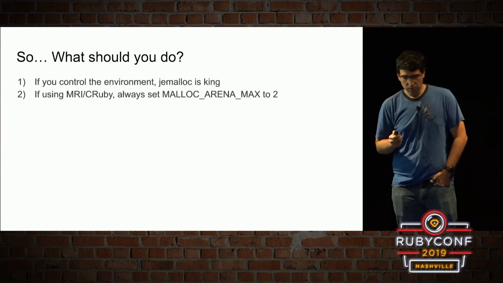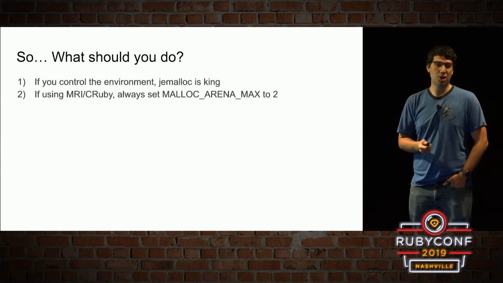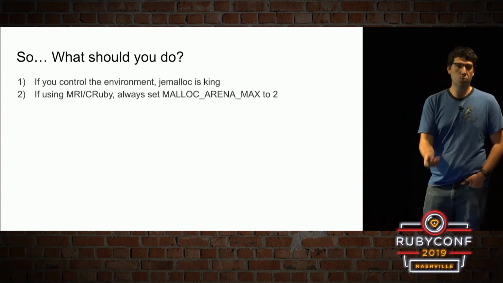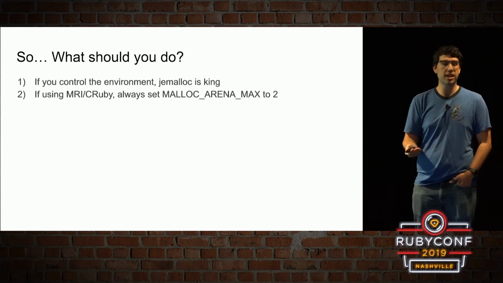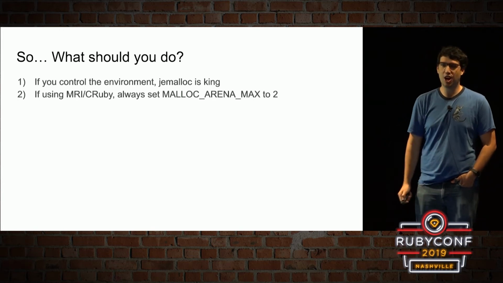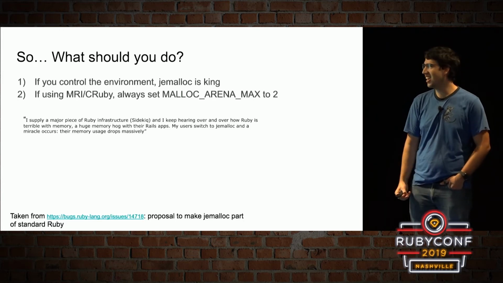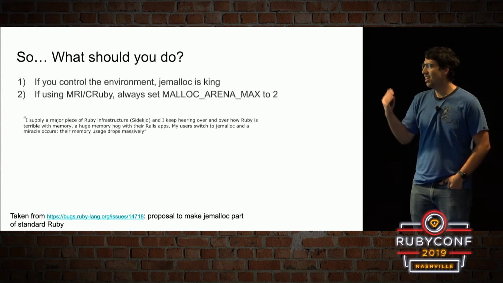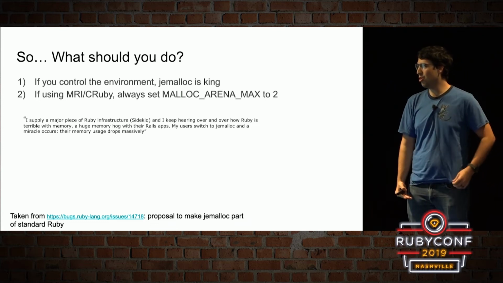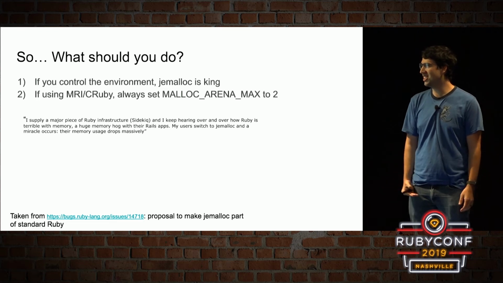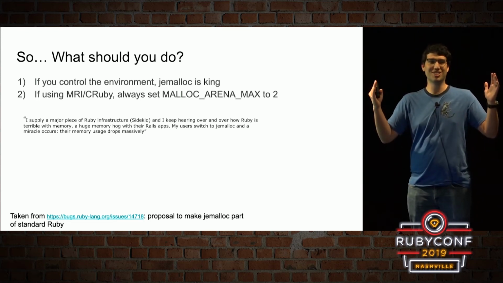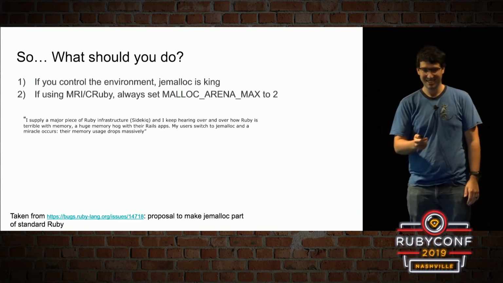And I'm not the only one who thinks this. So on the actual Ruby forum trying to make jemalloc the default, there are comments such as this one from the Sidekiq author saying, hey, people say they have memory problems. I tell them to switch to jemalloc, and suddenly a miracle occurs. They no longer have memory problems.